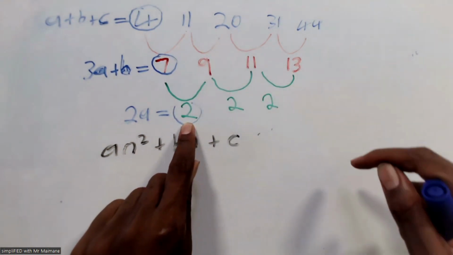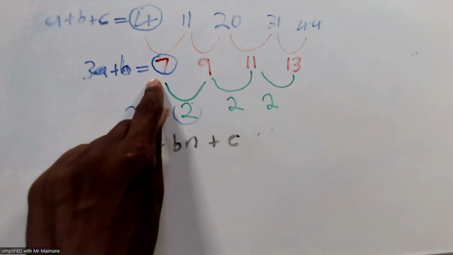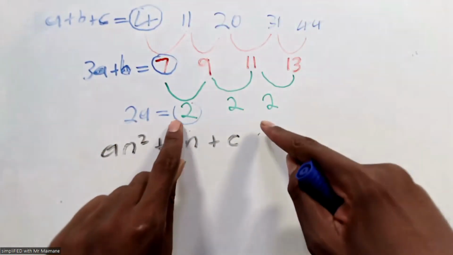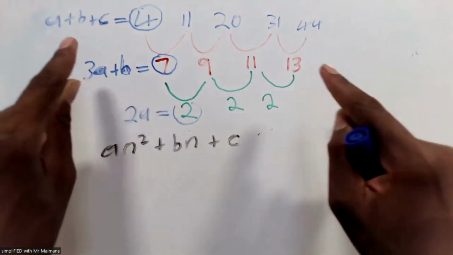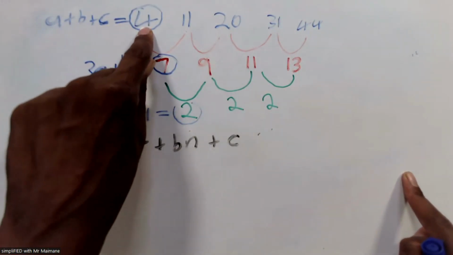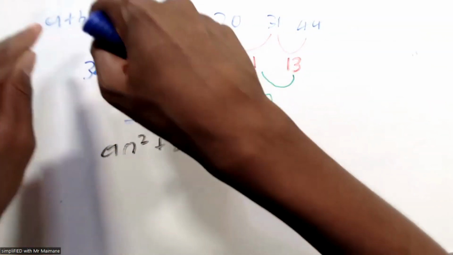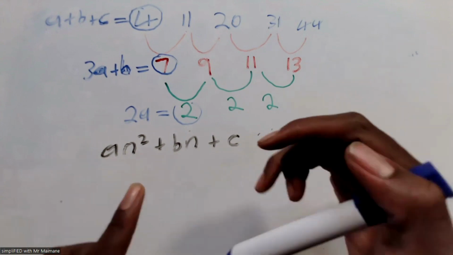Anyway, it's going to be constant. And then 3a plus b is equal to the first value of the first difference. Remember, the first difference is from the original sequence. And then for the original sequence, a plus b plus c is equal to the first value of the original sequence. All these a, b, c values, they represent a, b, and c here.